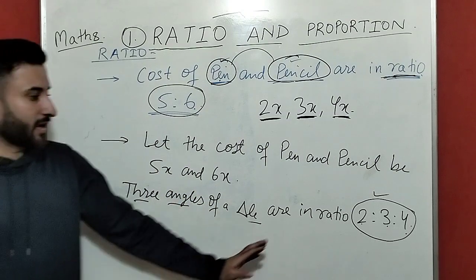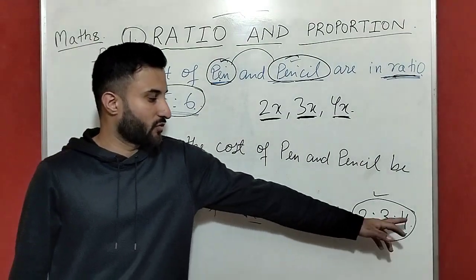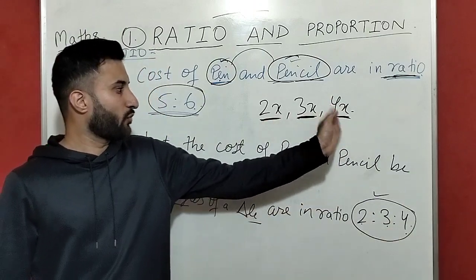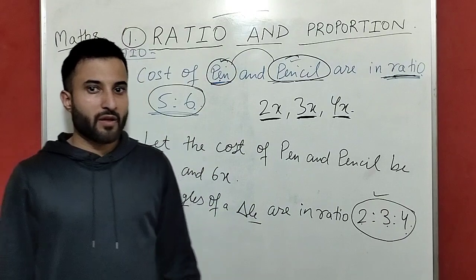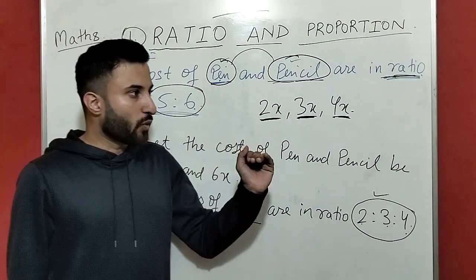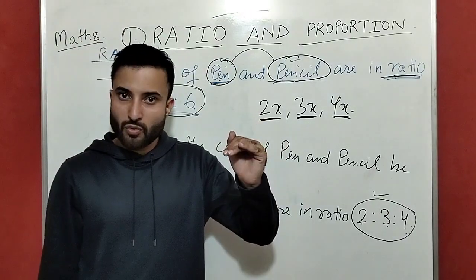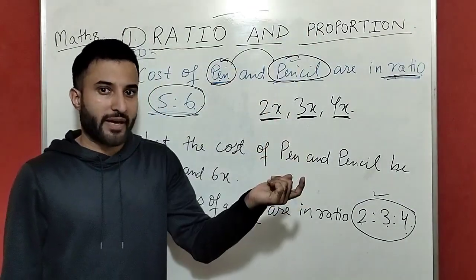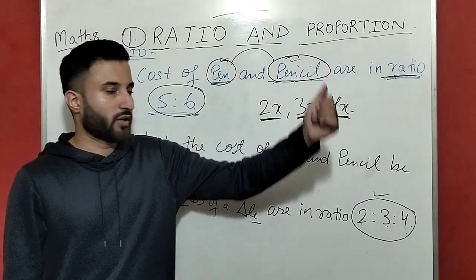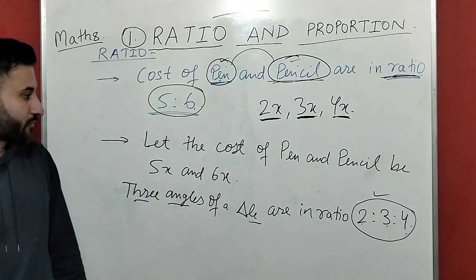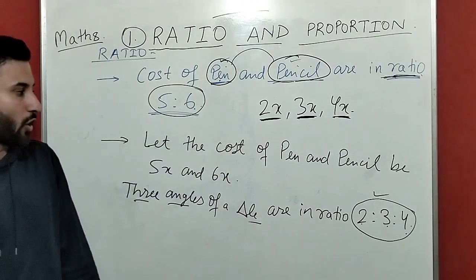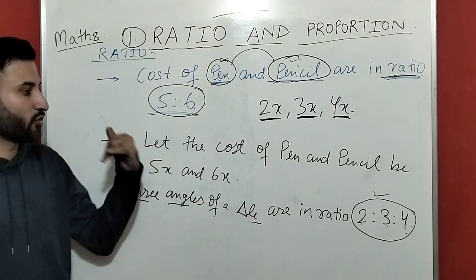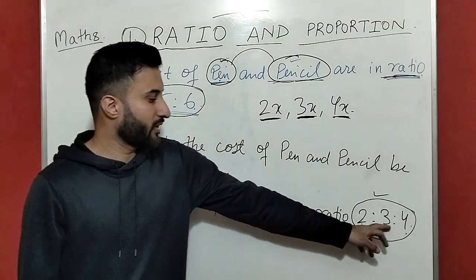The angles of a triangle in the ratio 2:3:4 are written as 2x, 3x, 4x. So if any quantity is given in a ratio, we express that ratio with the help of x. This is very important: 5x, 6x, 2x, 3x, 4x. That's it.